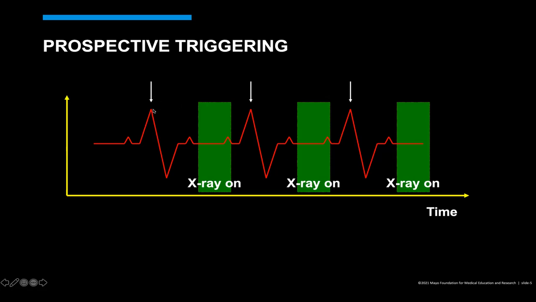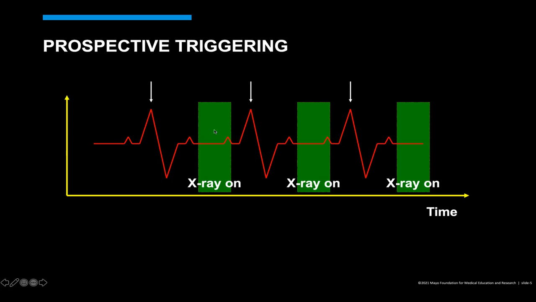And when it detects a peak in the R wave, it then will go out a predefined amount of time and start the acquisition when you tell it to. In most cases, we are acquiring the data during diastole when cardiac motion is minimized.